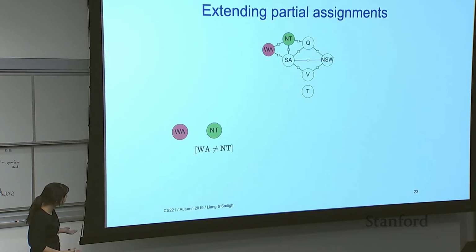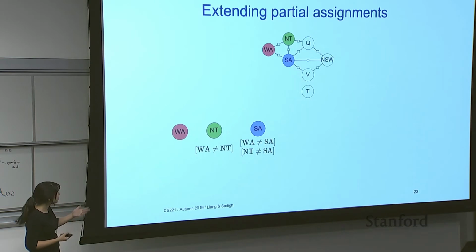So the only thing that tells me is that NT should not be red. So I'm just going to pick some color. Let's just pick green. So then I'm going to go to some other neighboring node. So that's SA. I have two constraints. The two constraints are SA should not be equal to WA, and should not be equal to NT, so it shouldn't be red or green. The only option I have is blue, so I'm going to set that equal to blue. Then I'm going to go to Q.